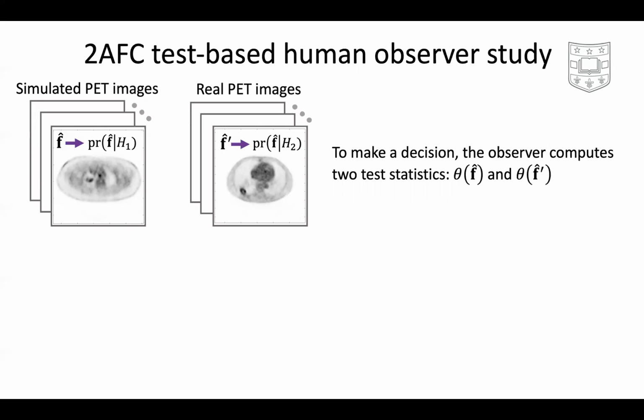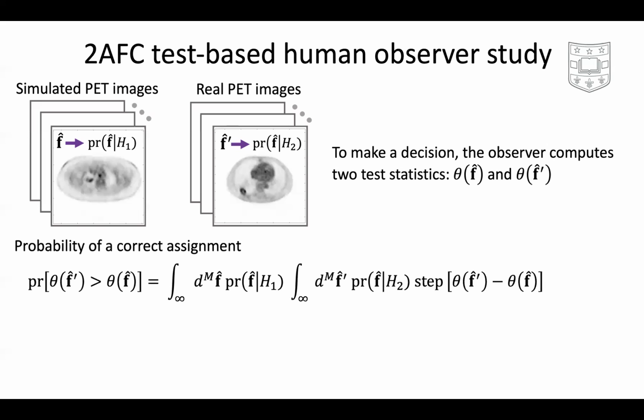The assignment is correct if theta f hat prime is larger than theta f hat. So we can compute the probability of a correct assignment as the equation given here. As shown in Barrett and Myers, this equation is the same as the equation to compute the AUC of the observer.